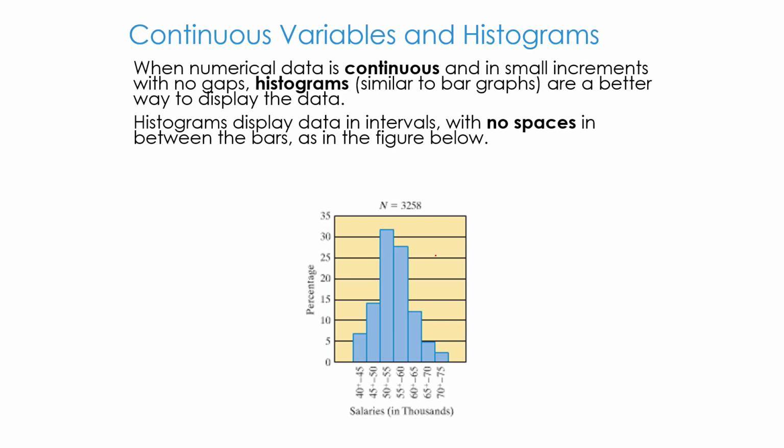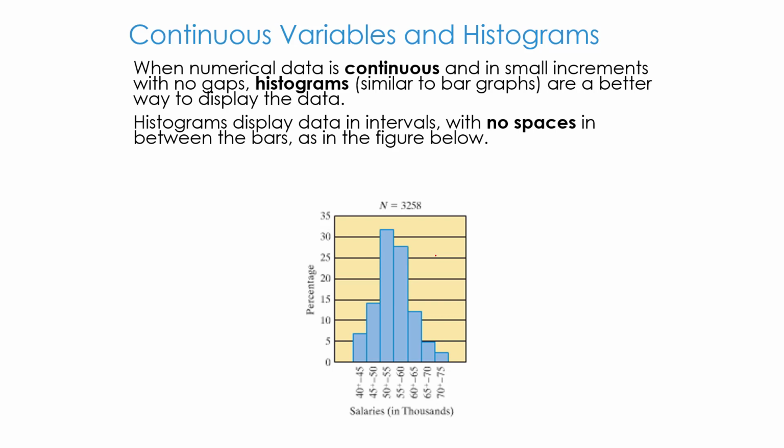Because we have so many, we group them in intervals, and because it's continuous, we have no gaps, right? So the first interval goes from 40, and the plus, I believe, indicates that we're including the 45, if I'm not mistaken. So anybody with a salary of 45,000 would be in this first group.